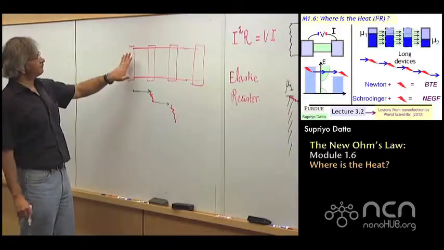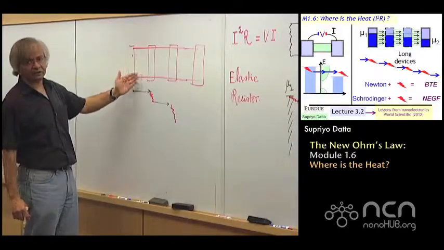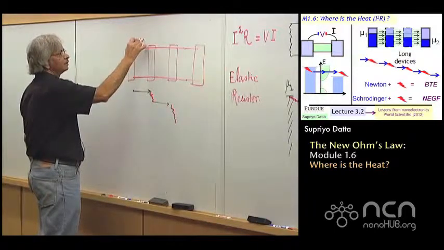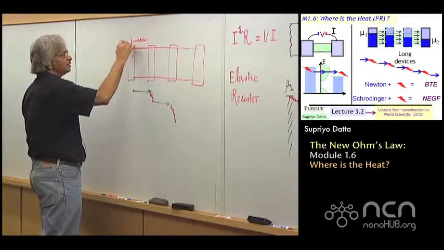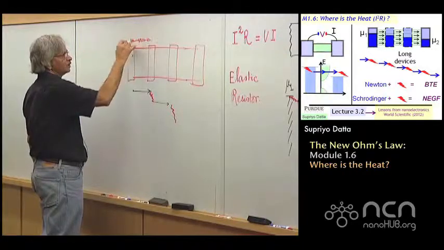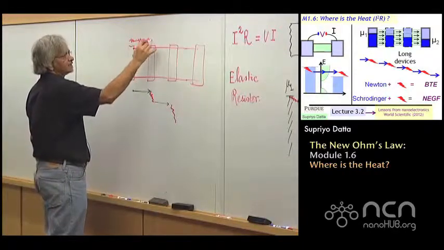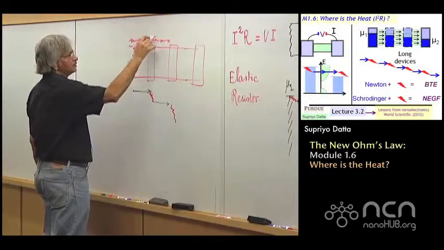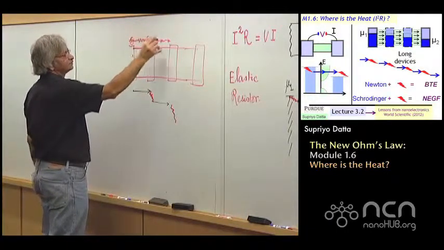You see, when you analyze a small conductor like this, not only do you get a resistance here, but also this interface resistance associated with the two interfaces. And similarly, here also you get all these interface resistances.